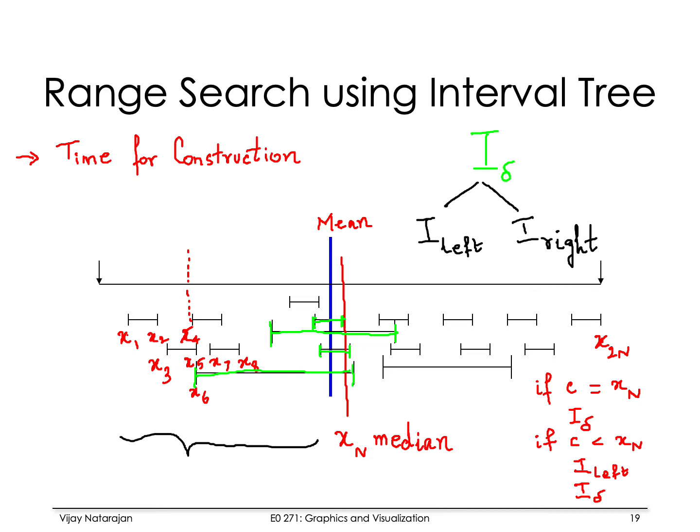Now if C is greater than x sub n, similarly we have to traverse, let's try and write that here just to finish. If C is greater than x sub n, then similarly I have to look at I sub right and I sub delta.